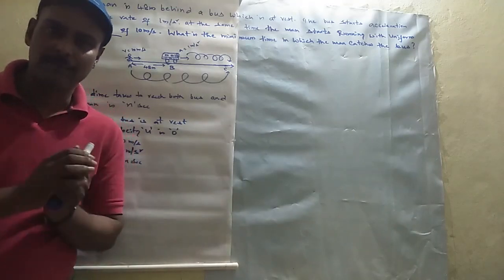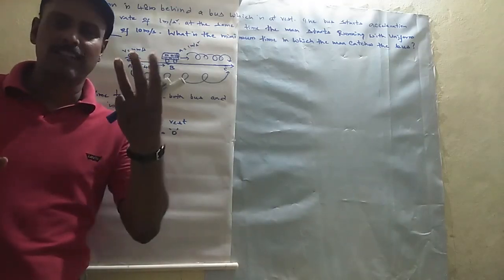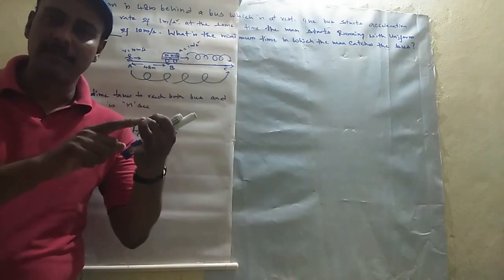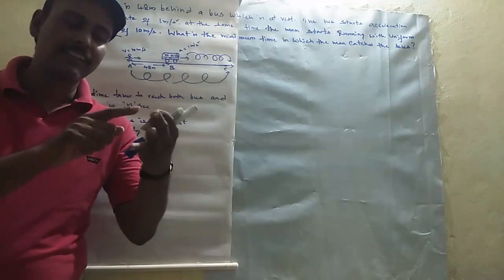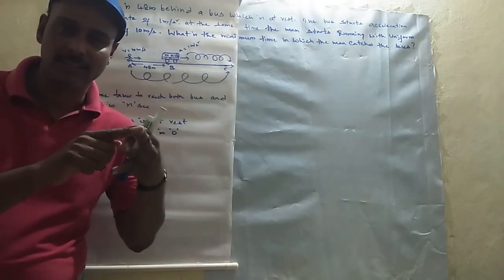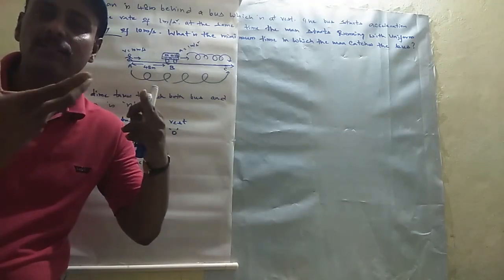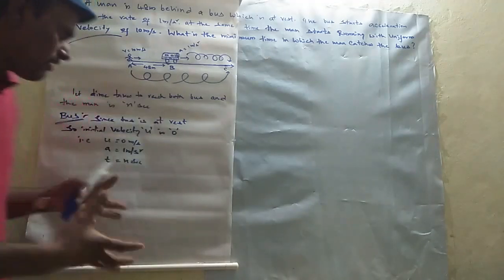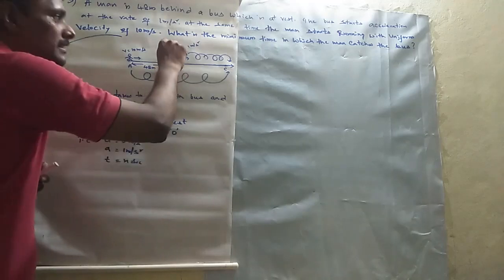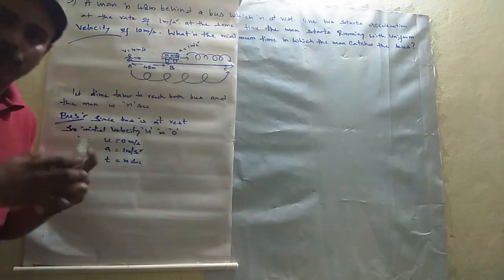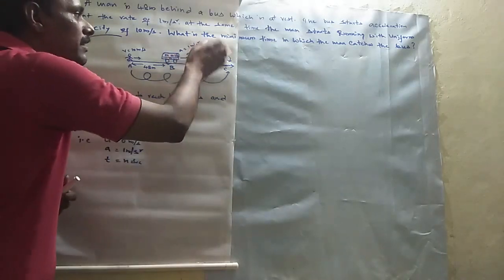In the motion chapter, we know very well we have 3 formulas: v equal to u plus at, v square minus u square equal to 2as, and s equal to ut plus half at square. Now I'm taking the third one because I'm going to find the total distance traveled by this bus.